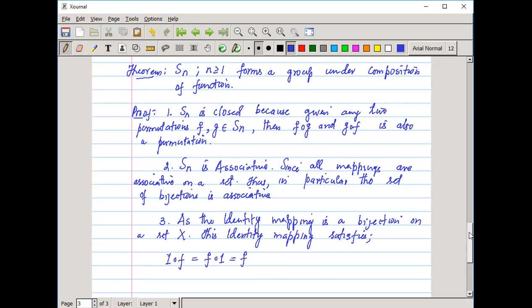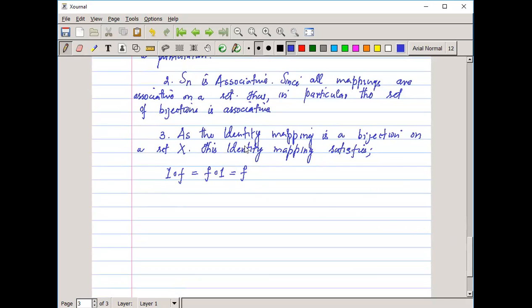So that means this identity mapping works as an identity element of the set Sn. So therefore the set Sn also has an identity.